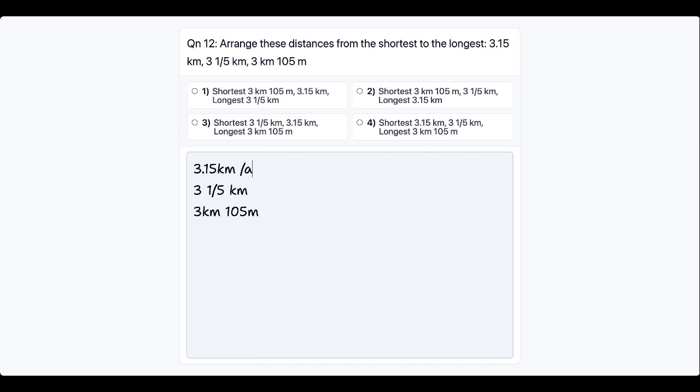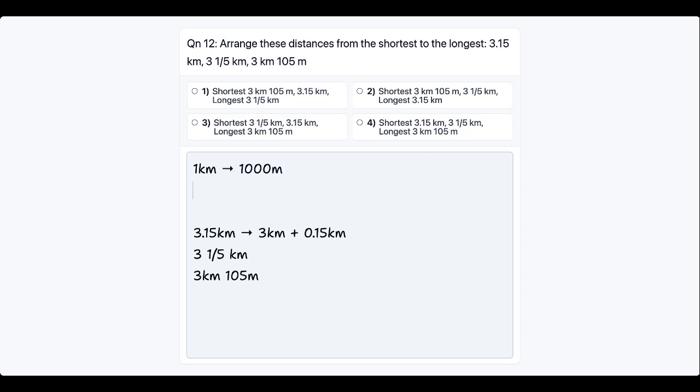So essentially, this is equal to 3 kilometers plus 0.15 kilometers. Okay, so we know that 1 kilometer is 1000 meters. So what about 0.1 kilometer? That means it's 1000 divided by 10, which is equal to 100 meters, right?